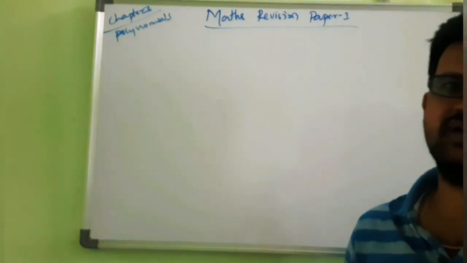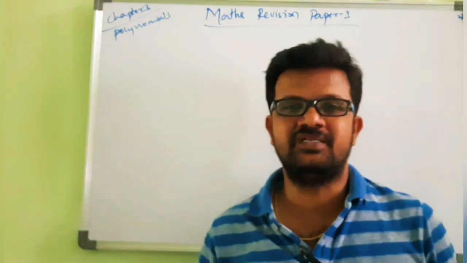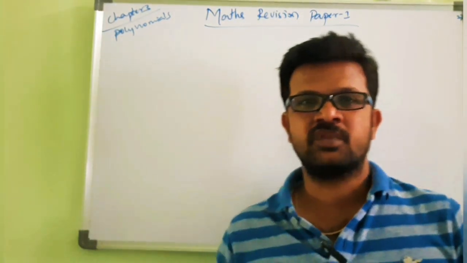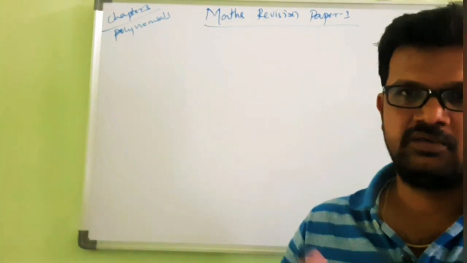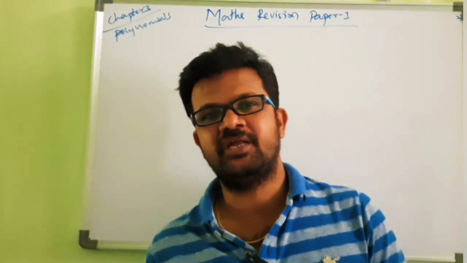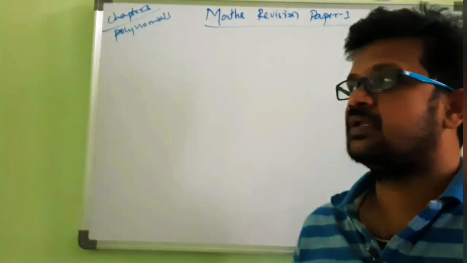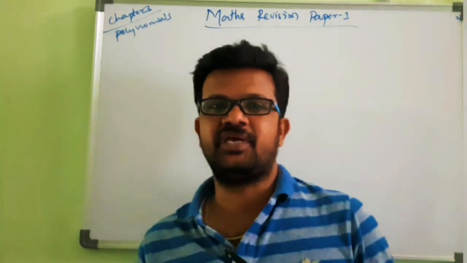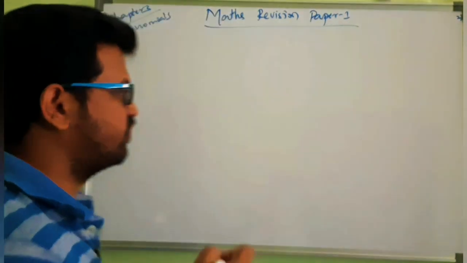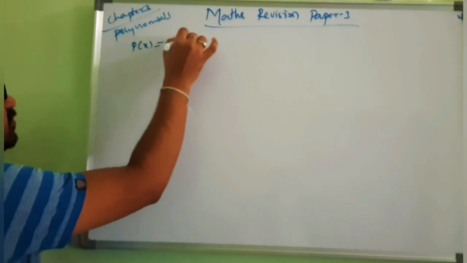And what about 1 mark and 2 marks questions? You know that there are different types of polynomials. On the basis of degree, there are linear polynomial, quadratic polynomial, cubic polynomial, biquadratic polynomial, and so on. The standard form of a linear polynomial is p(x) = ax + b.